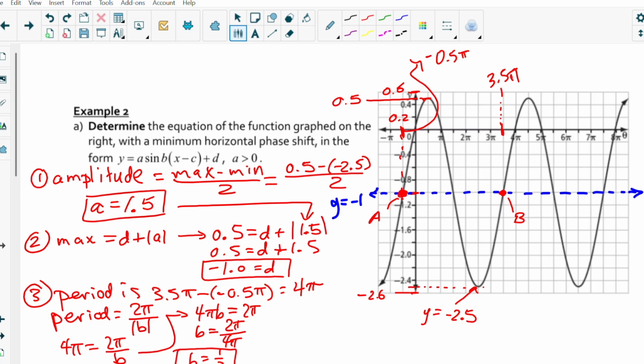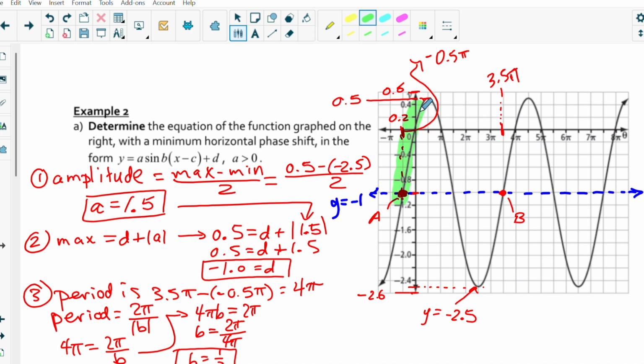Remember, the other way to look at it is in terms of the sketch. In this case, 4 pi is double the period of the standard sine function. So y equals sine of x has a period of 2 pi. This transformed function has a period of 4 pi, right? So that should automatically tell you that the b value is 1/2. Or you can think of it this way. If I sketch this out, folks, like this, let's go 2 pi.